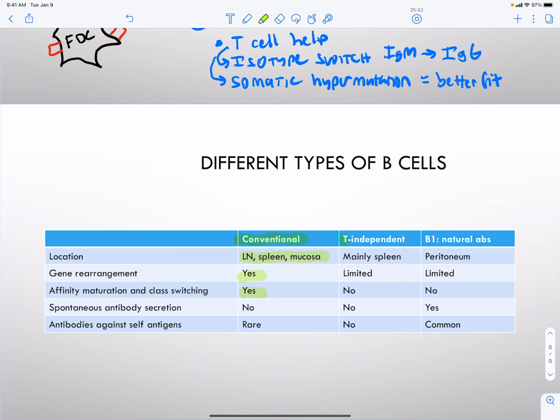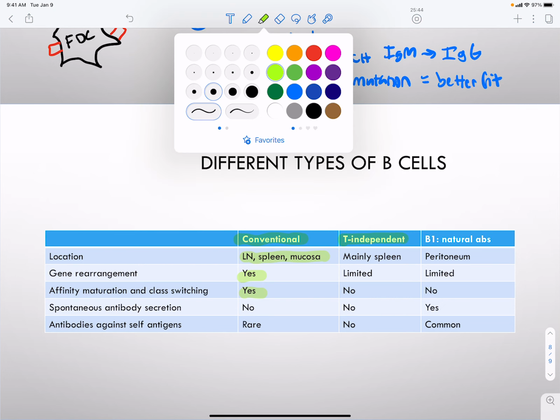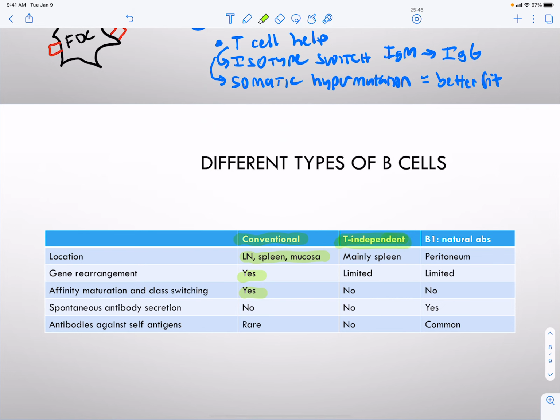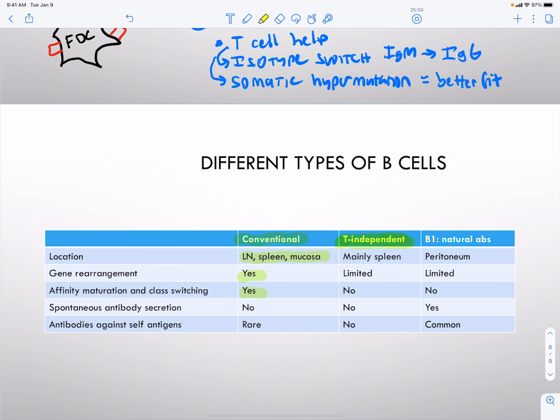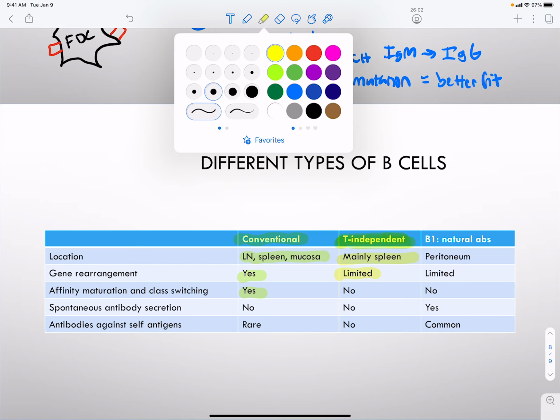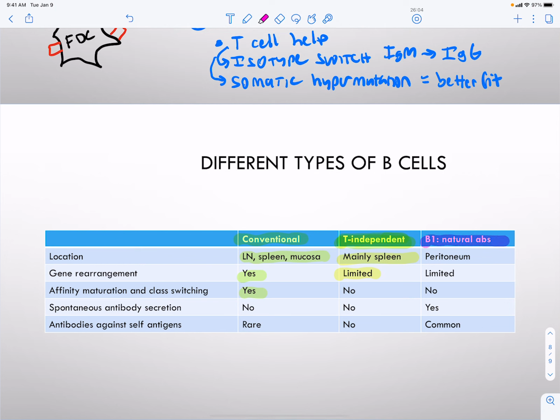We have T-independent B cells, and these B cells are mainly in the spleen. They don't have very much gene rearrangement, and they don't have any ability to do affinity maturation, class switching, no memory, etc. We have our B1 natural antibodies, and these are not associated with the periphery too much.